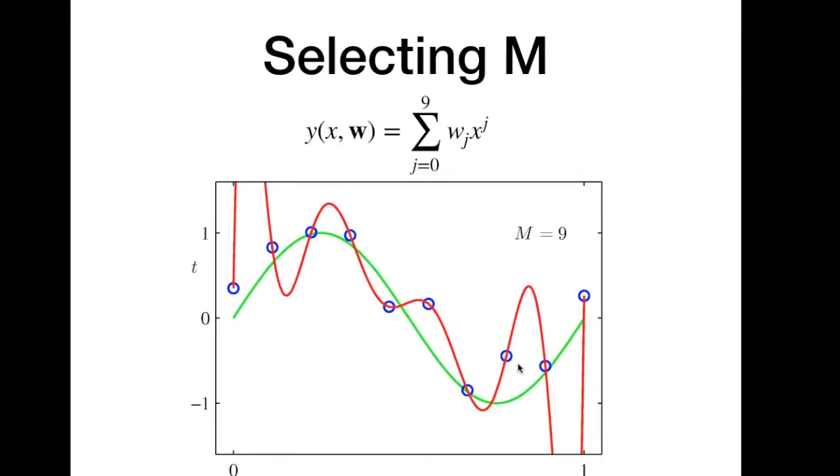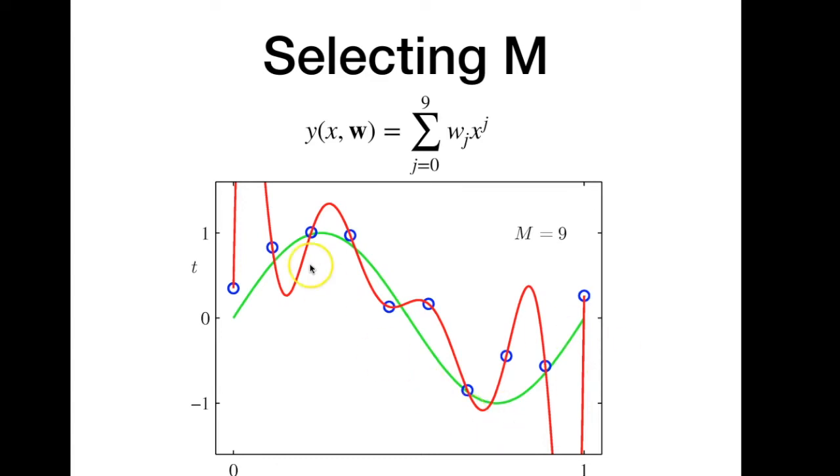By this logic, if we keep on increasing the order of the polynomial, we should get better approximations. So let's say we fix the order m equals 9. As you can see on the screen, this is a very oscillating function.